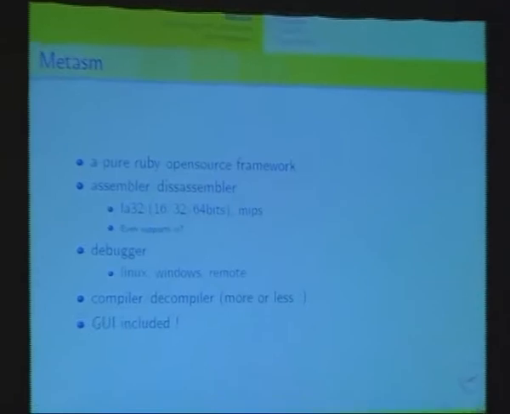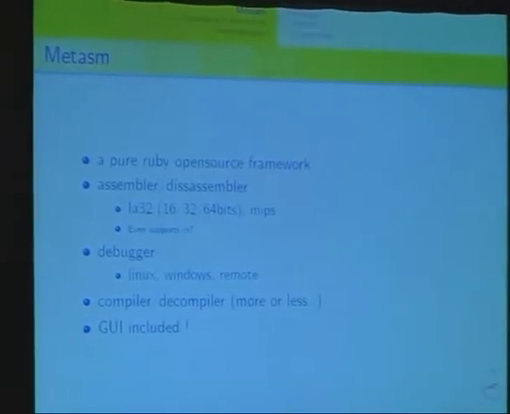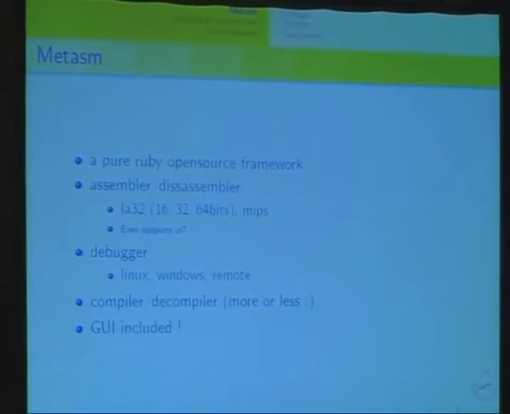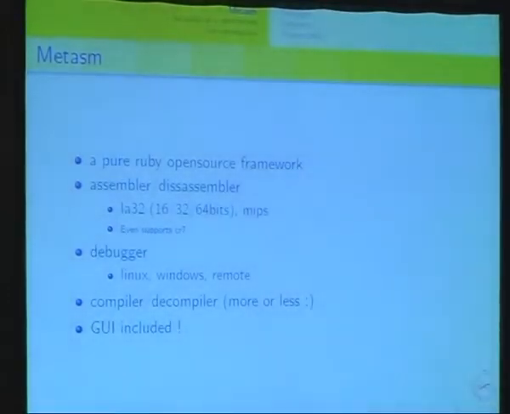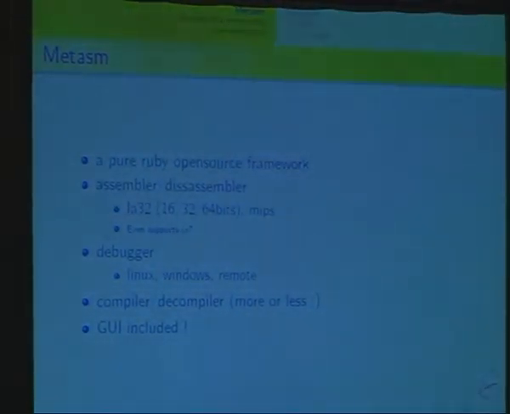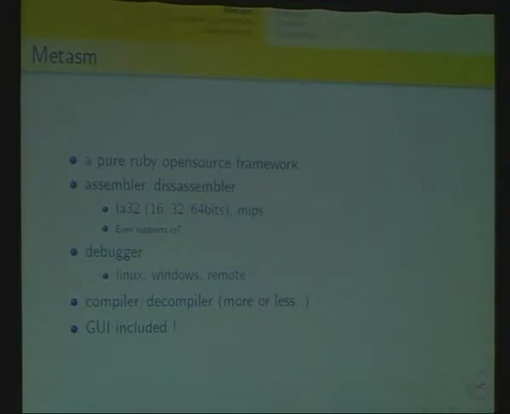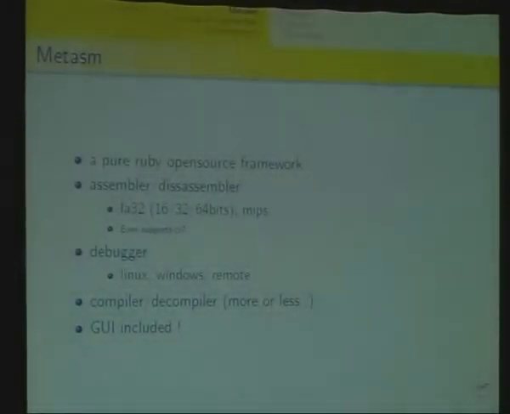But the design of the framework is such that you can fairly easily add new architectures. The feature set is quite complete on IA32. It can handle all the standard modes, the new 64 bits and stuff like that.